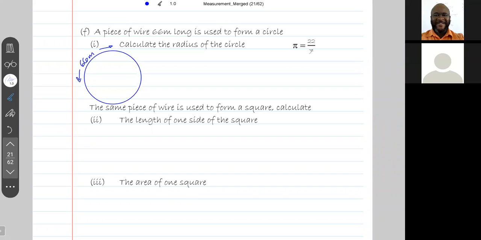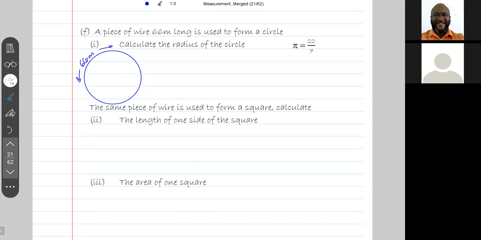Guys, since it's the wire that formed the circle, and the length of the wire is 66, it means the circumference of the circle is 66. Do you agree? Help me know. The blue line that we're seeing here is wire.